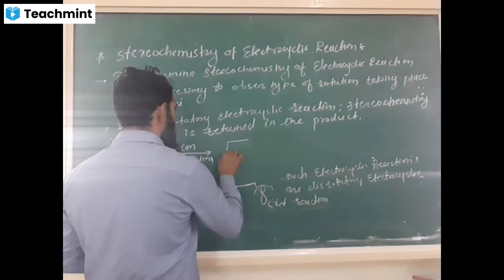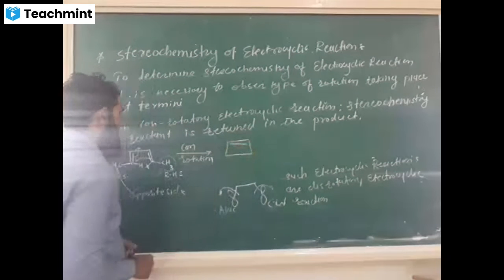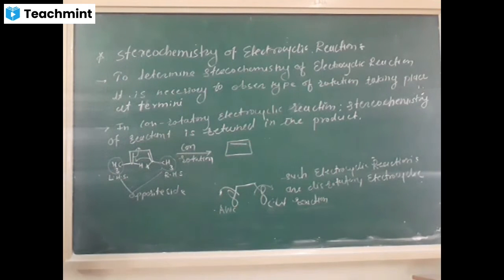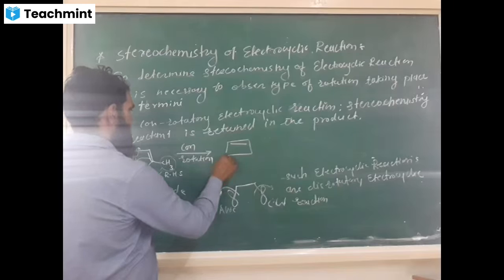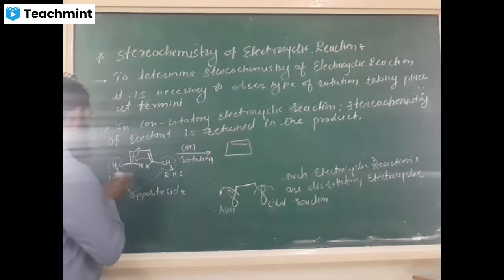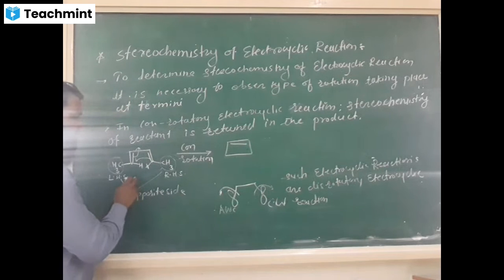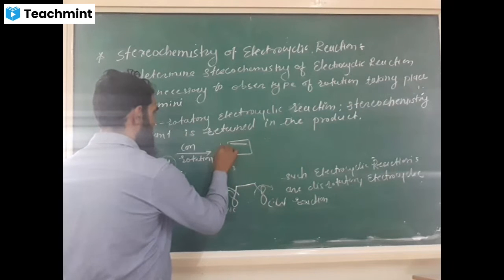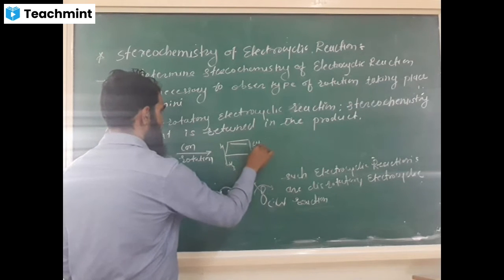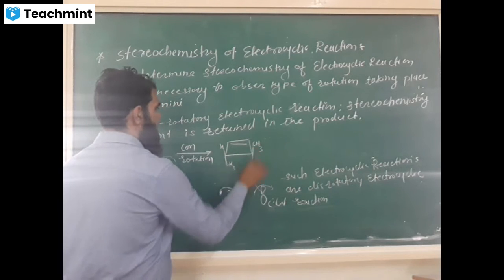So here what will we get? We will get this product, with formation of this sigma bond and shifting of this pi bond. This methyl group is on the left hand side, this is on the right hand side, means they are opposite in the starting material. So we can say they appear opposite in the product also. One methyl group is on the lower side, another on the upper side.